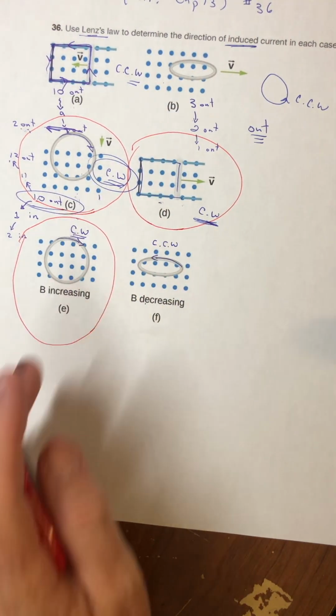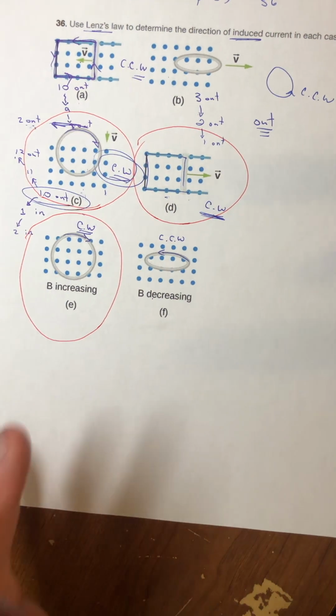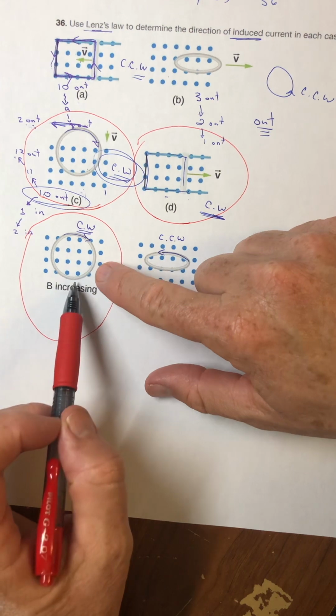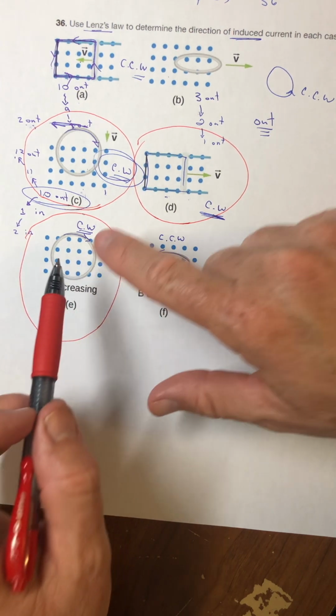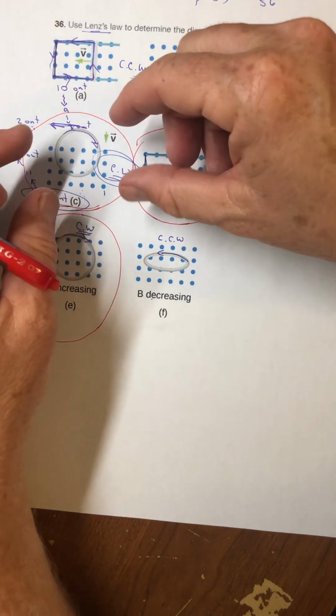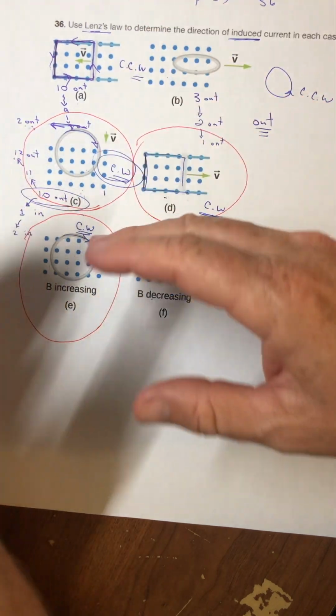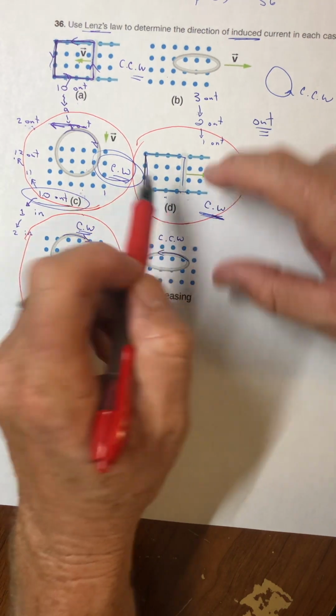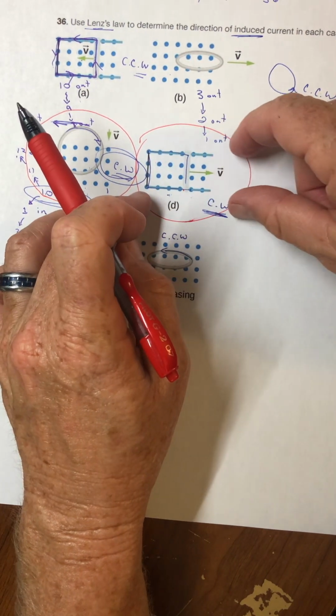And he's given you the 3 possibilities of increasing the flux. One of them right here is just the strength of the field gets bigger. Another one right here, he says the ring itself actually moves into the field, making more flux. Or this one here, where the ring actually gets bigger.